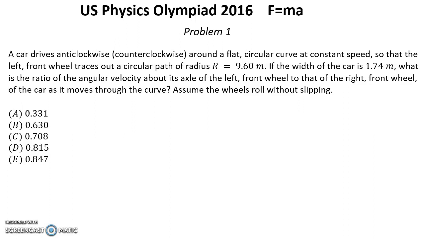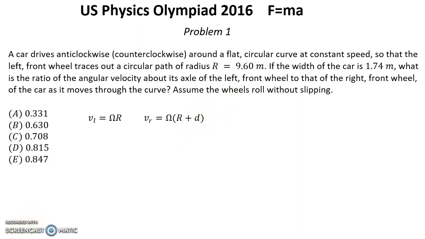Solution. Suppose that the car is moving with a constant angular speed, big omega. In that case, the speed of the left wheel and the right wheel will be omega R for the left wheel and omega multiplied by R plus d for the right wheel, where d is the width of this car.